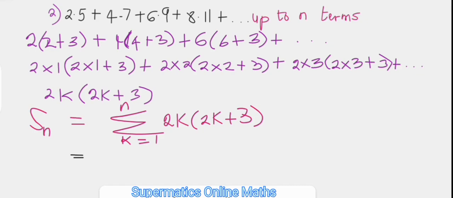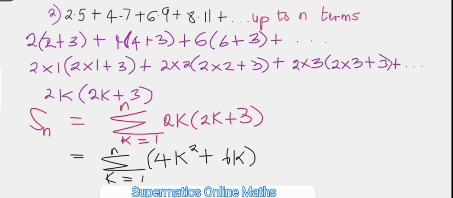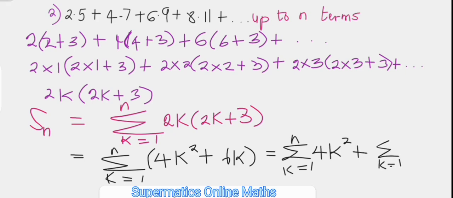We distribute 2k into the bracket so that Sn becomes the sum from k equals 1 to n of 4k squared plus 6k, which from what we did earlier on can be written as the sum from k equals 1 to n of 4k squared plus the sum k from 1 to n of 6k.